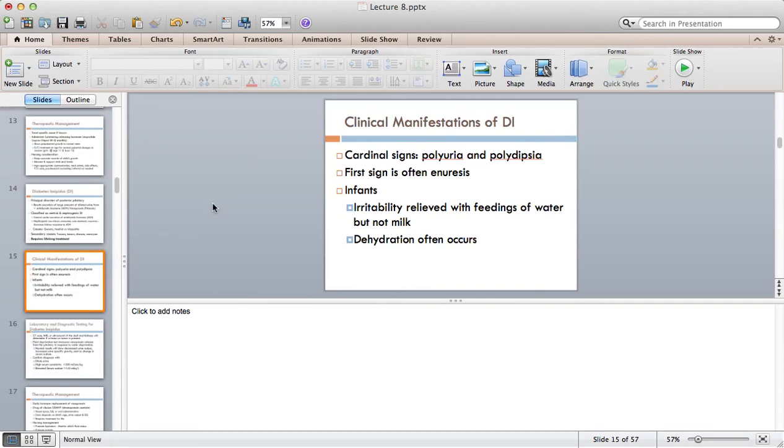For the infant, one thing you will notice is that the child is very irritable, and when you give them formula, they'll drink it, but they're still very irritable. As soon as you give them water, they're fine. So there is that need to satisfy their need to drink water.